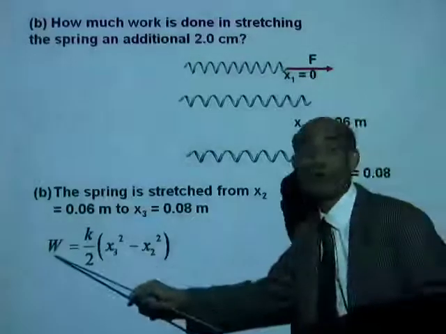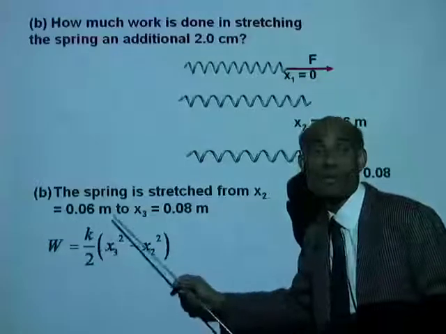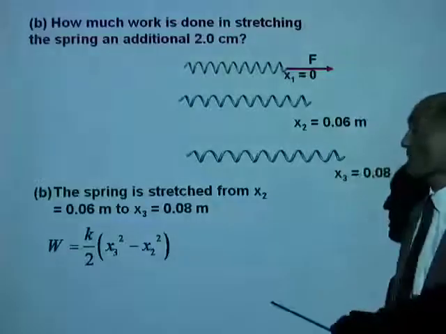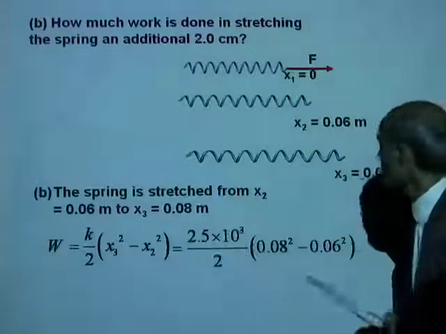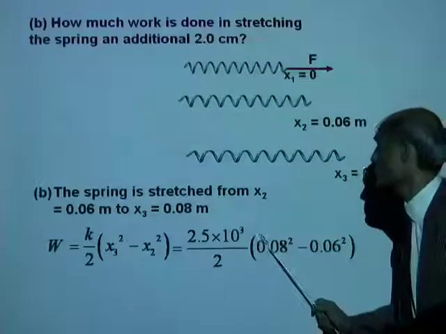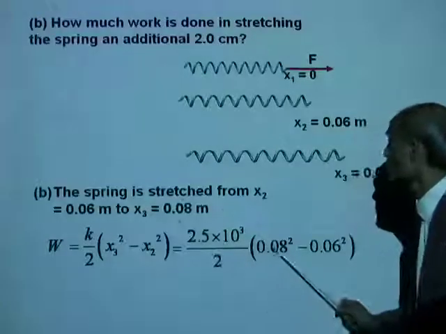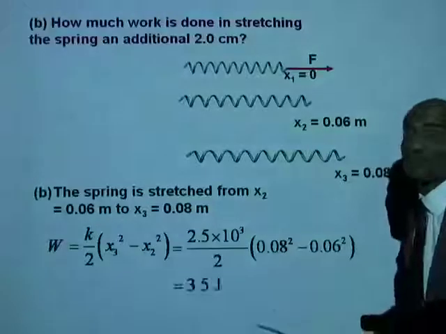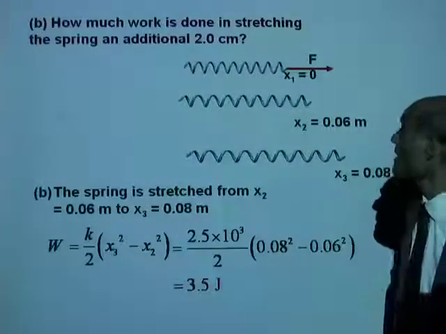Now, therefore, work done will be 1/2 k (x3 squared minus x2 squared). And now use all the known values. x3 is 0.08, x2 is 0.06, and that gives you 3.5 joules.